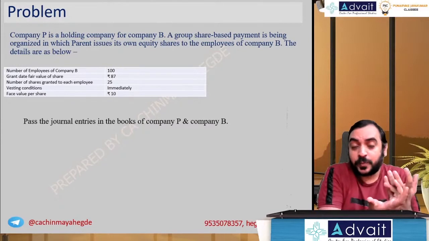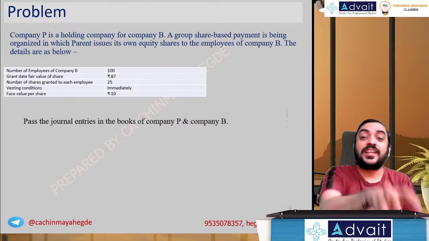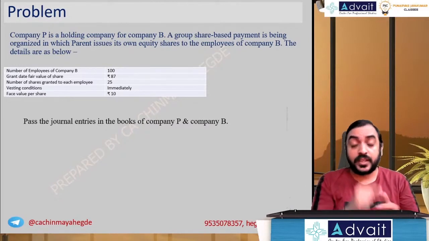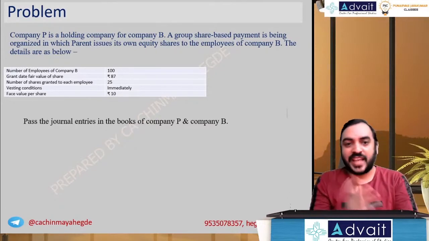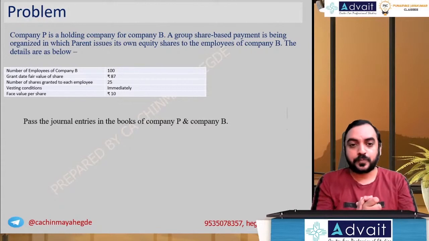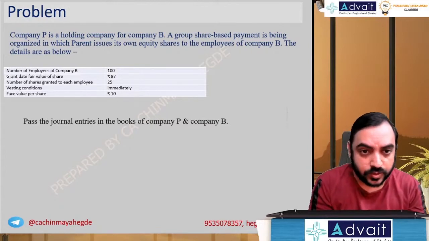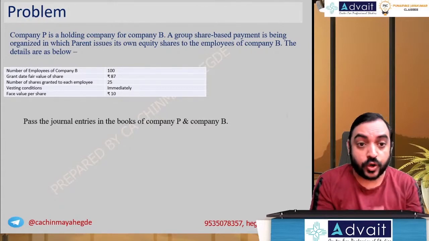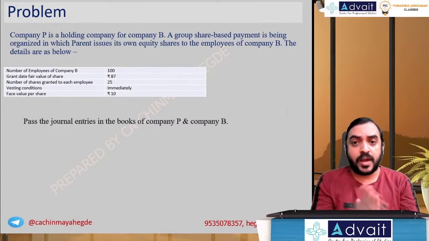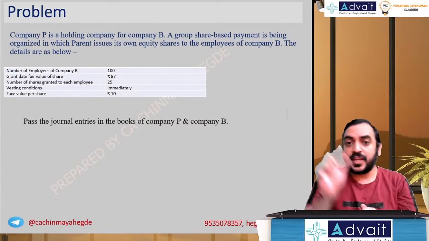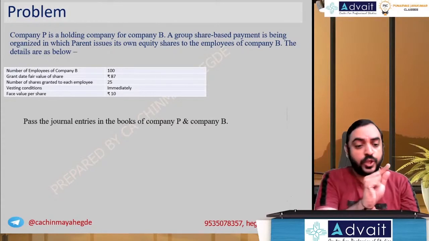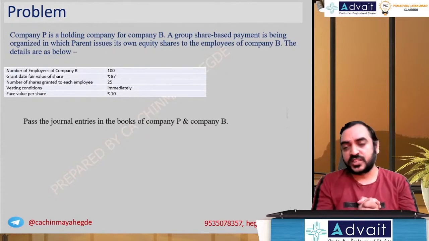It is not their expense. Instead, you recognize investment in the shares of the subsidiary company, in the nature of equity. We don't know the nominal value. Face value we know, so we know the share capital, and the balancing figure we can transfer to securities premium. So in the books of the holding company: investment in subsidiary, to share capital at face value, to securities premium over and above face value.